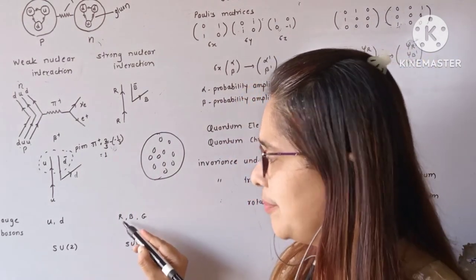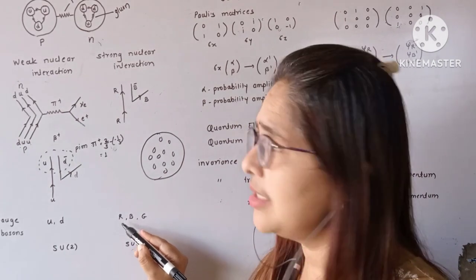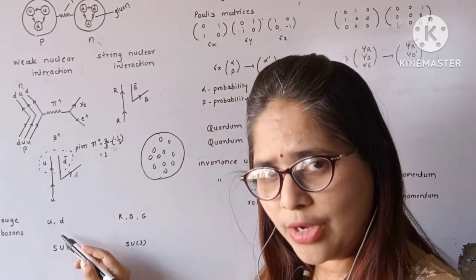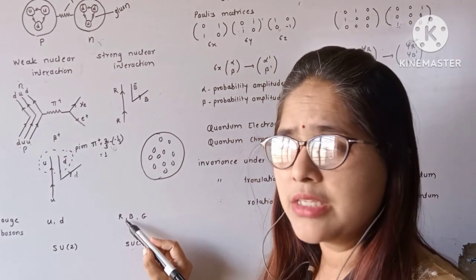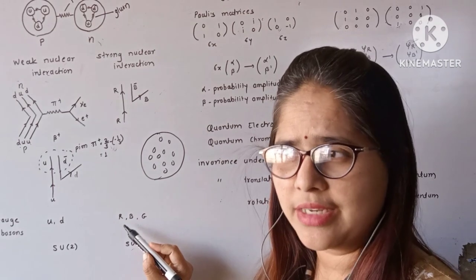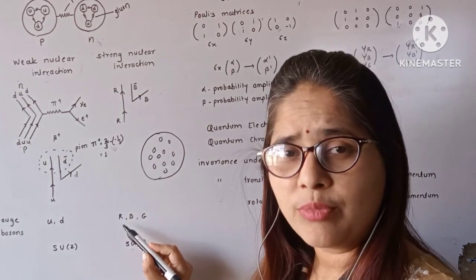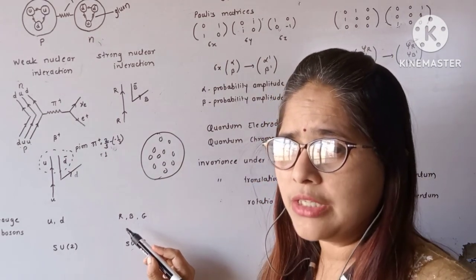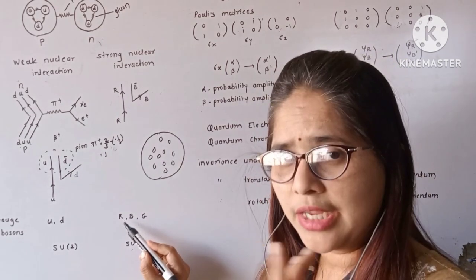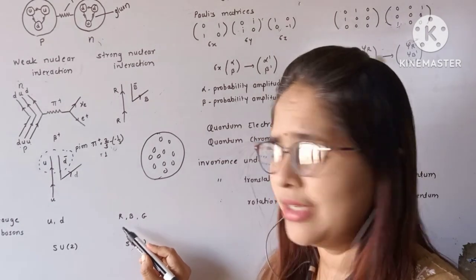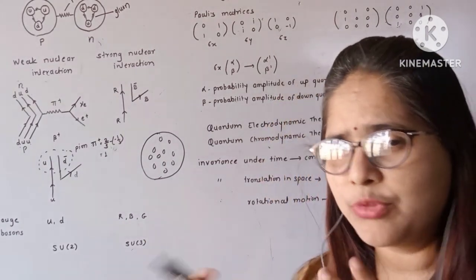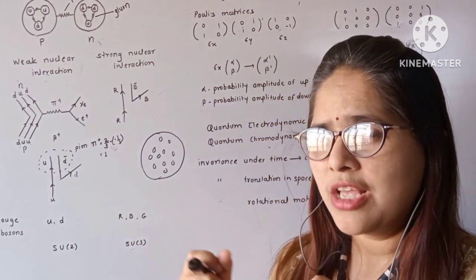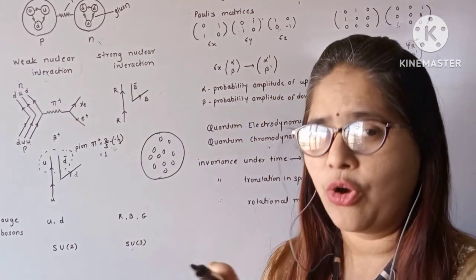Now let me tell you that the colors are also properties of particles like up quark and down quark, with different properties like spin and angular momentum, etc. They have nothing to do with the regular colors like red, blue and green. Okay, so there are three types of particles which are exchange bosons for the interaction between the quarks.